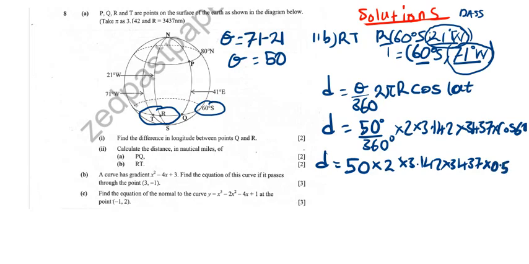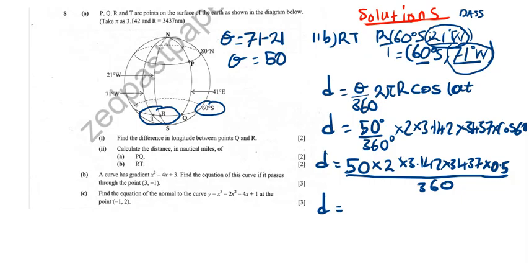0.5, and then you divide this over 360, like that. So you say distance will be equal to, now you say 50 multiplied by 2 multiplied by 3.142 multiplied by 34, 37 multiplied by 0.5.